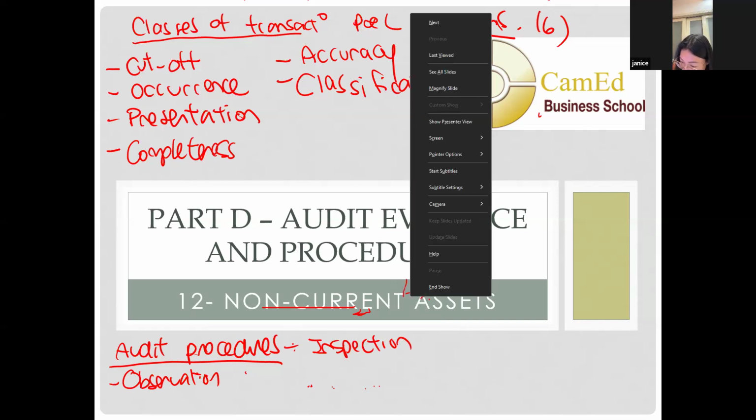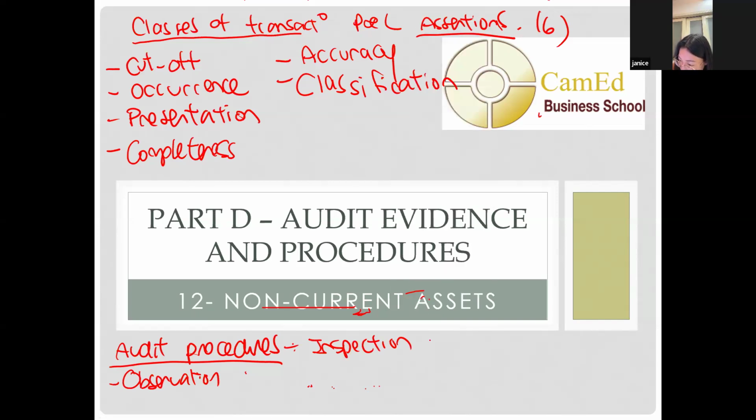Recalculation. Confirmation. Let me see. External confirmation. So we have observation, inspection, recalculation, confirmation. What else? Analytical procedures.